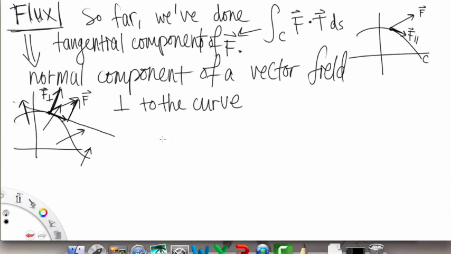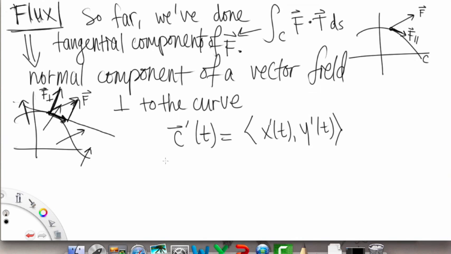Basically, how you would calculate this is, once you calculate C prime of t, remember how that goes along the tangent line? Now what we need to do is make something that is orthogonal or perpendicular to it. Let's say your C prime of t was x prime of t and y prime of t.